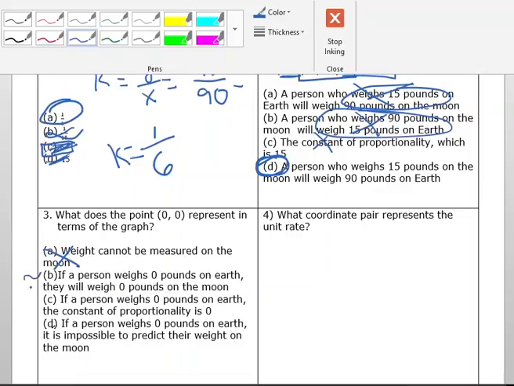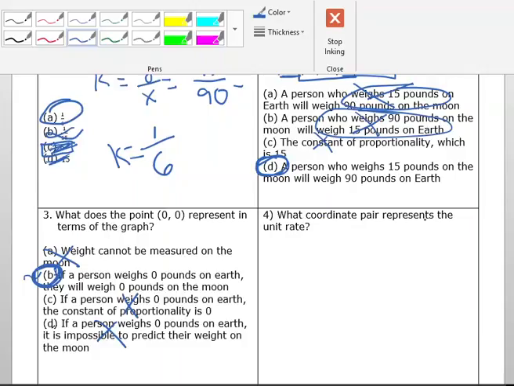This feels true, but I want to read the rest of my options. C, if a person weighs 0 pounds on Earth, the constant of proportionality is 0. Nope. D, if a person weighs 0 pounds on Earth, it is impossible to predict their weight on the moon. Again, we know that that's not true because I have a whole graph here telling me what you weigh on the moon based on what you weigh on the Earth. So my answer here is B.